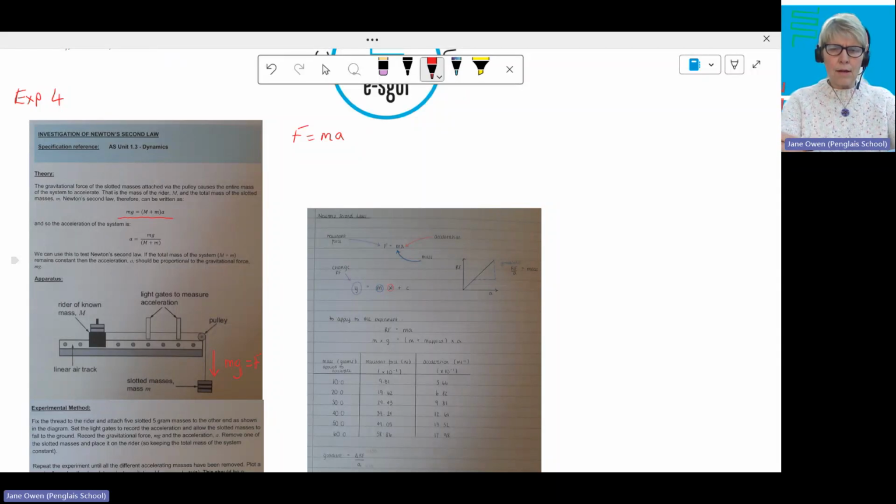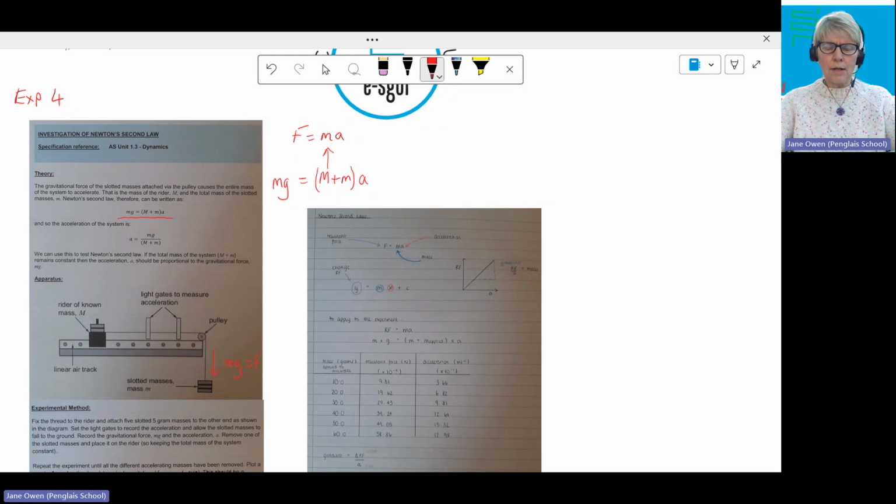And so that gives you the mass of the system, M plus m. All right, and that times acceleration gives you the resultant force, which is mg. So you can see how they've got that expression mg equals M plus m times acceleration.